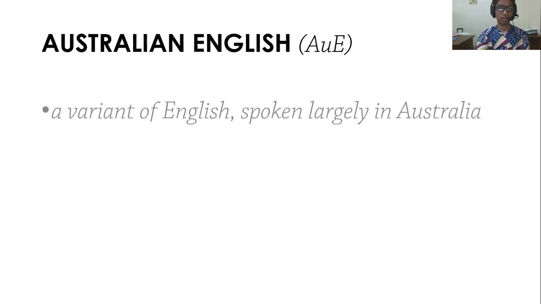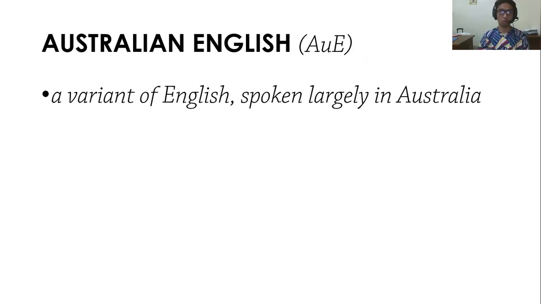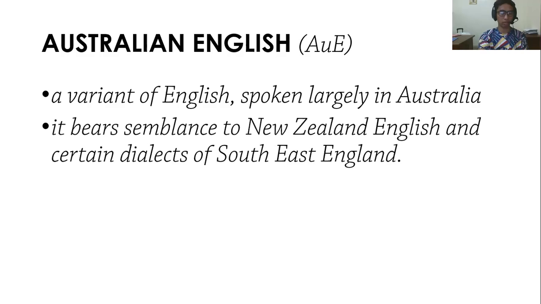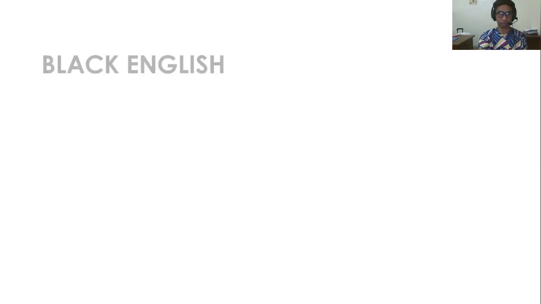The second one is the Australian English, abbreviated as AUE, a variant of English spoken largely in Australia. This variant began to diverge from British English shortly after Australia was settled in the late 18th century, and it bears semblances to New Zealand English and certain dialects of Southeast England.